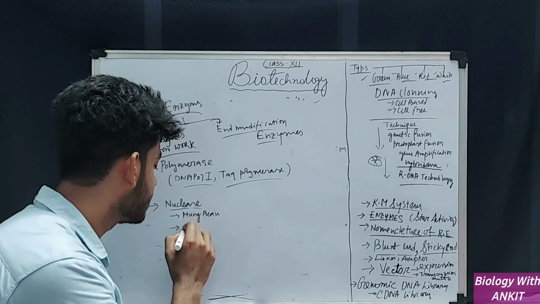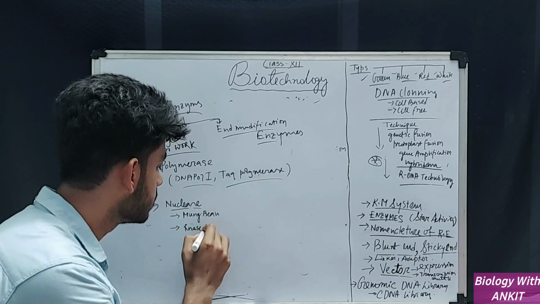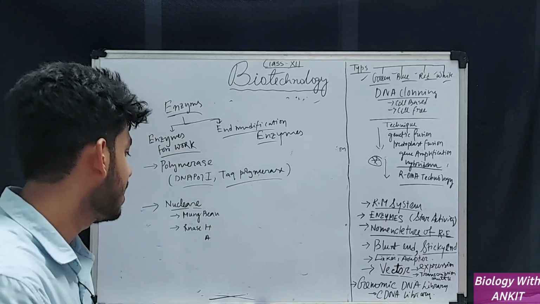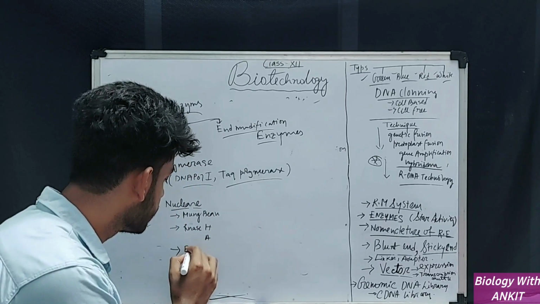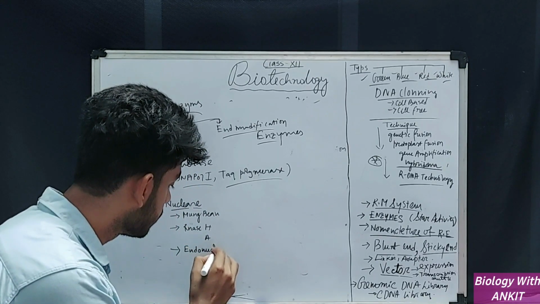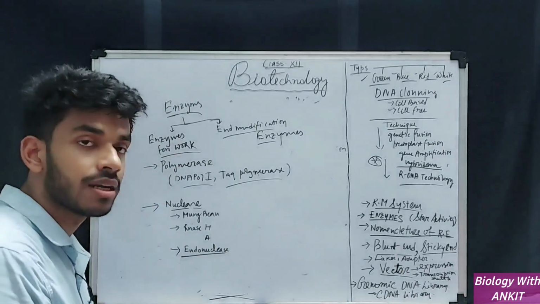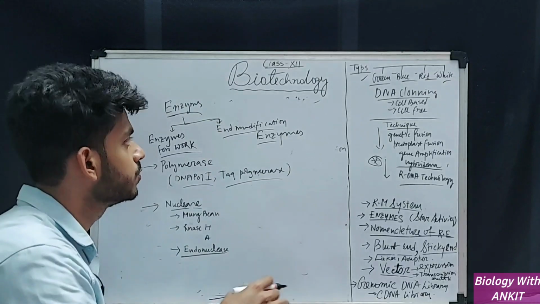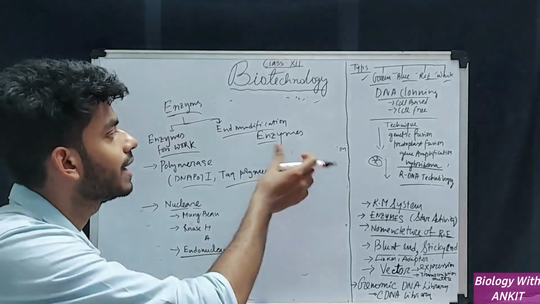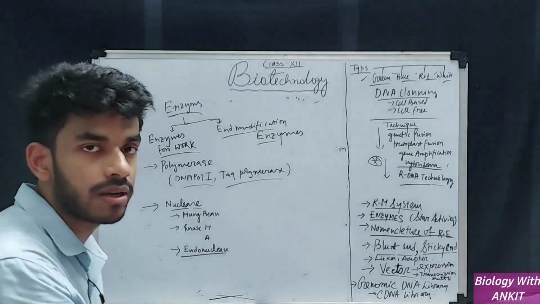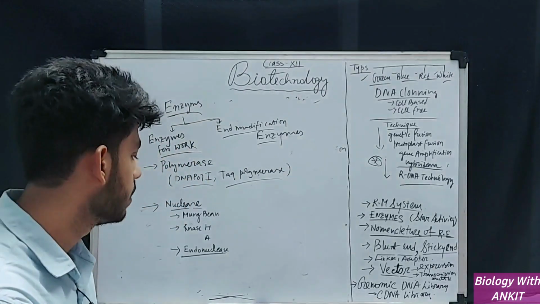Another example is RNase H, RNase A, and there is endonuclease. So let me give you a question: what is the difference between nuclease and restriction endonuclease? If you have enough time, do comment your answers. I will check them.